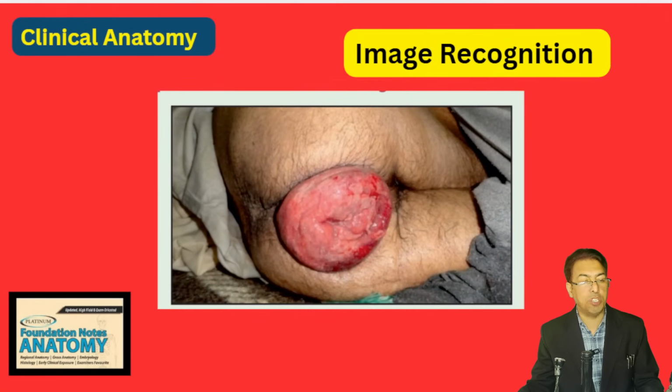Now, image recognition. You might be given certain images, surgical, gynecological, ENT, orthopedics, and radiological, which are allied branches of anatomy. So what is this clinical condition?